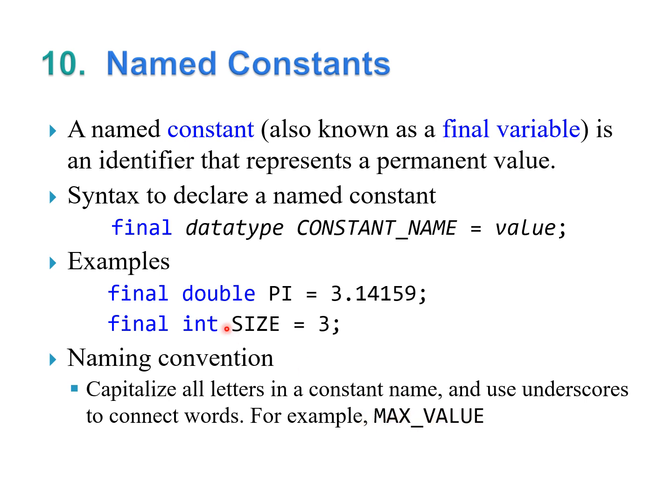And here are some examples of declaring a named constant in Java. Here we declare a constant named PI, and it holds the value of the mathematical pi. And here we also declare a constant named SIZE of type int, and it holds the value of 3.